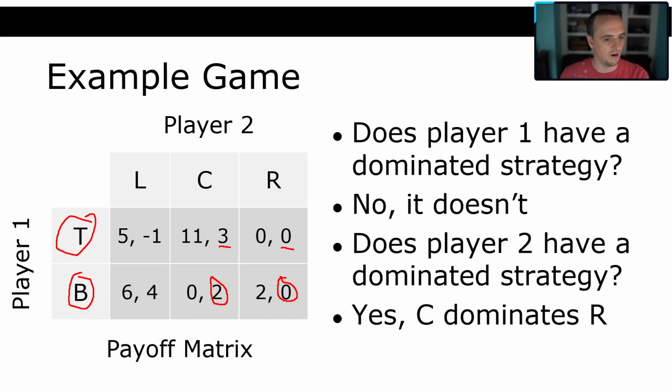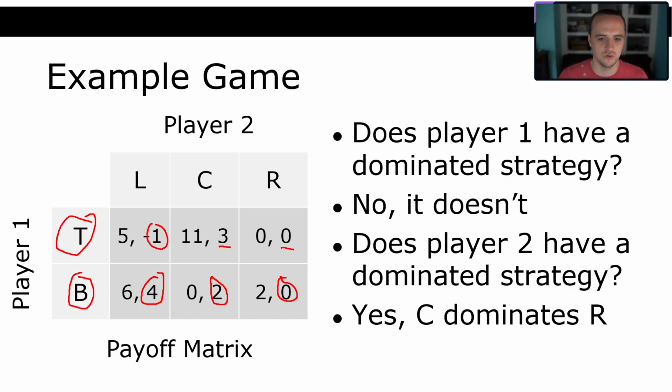It dominates R, okay? Just keep in mind that not everything has to dominate it, right? For example, L doesn't dominate R, but C does dominate R. So does there exist any strategy for player 2 which always does better than another strategy?